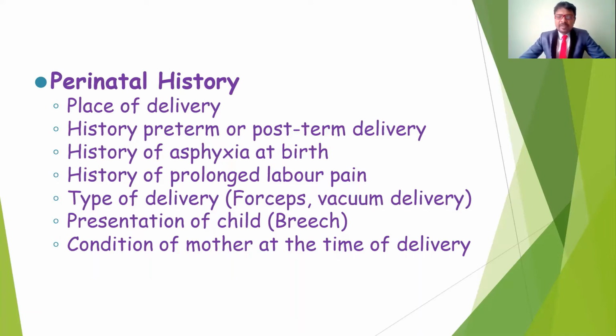Or if it is a normal delivery, and the mother's birth canal is small or the baby is bigger, and the baby's head is not coming properly, sometimes we have to do a forceps delivery. The surgeon puts the forceps into the birth canal and pulls the baby outside. Sometimes they use a vacuum delivery.